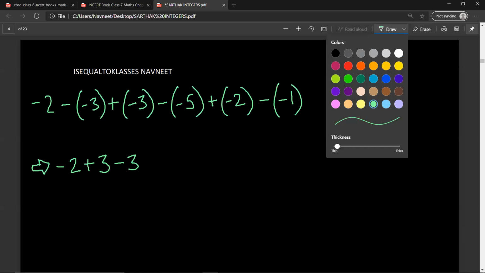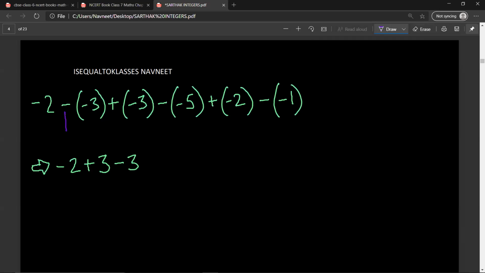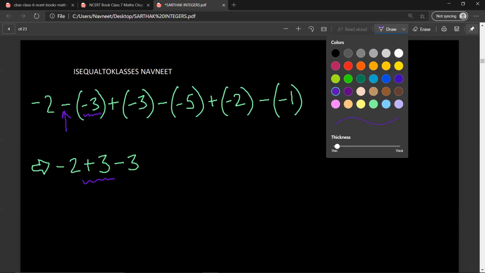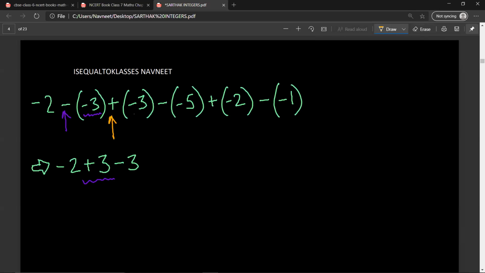See, the rule is very simple. If there is a minus outside, the sign of the number inside will change. If there is a positive outside, the sign of the number inside will remain the same.